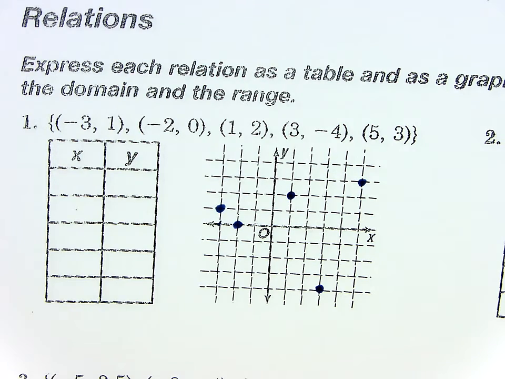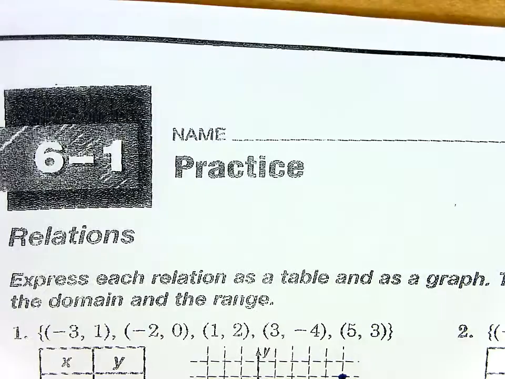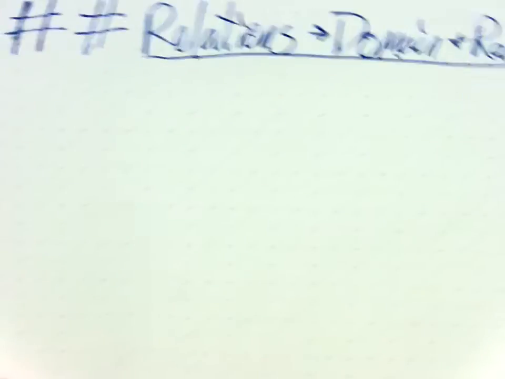So what we have here, we refer to as a relation. So it's basically a relationship between two sets of numbers, the domain and the range. Okay? So domain, guys, is just all of your x values. So let's go ahead and write that down.